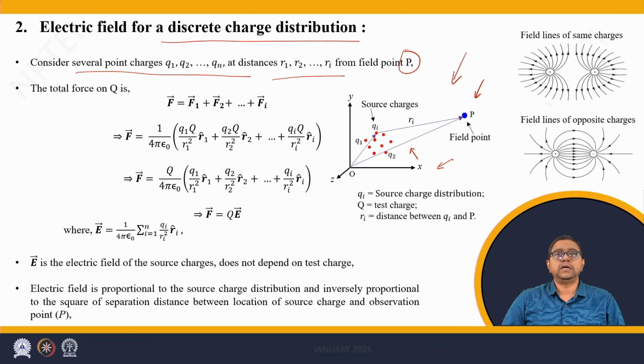One among them is Qi, that is the source charge highlighted here. In general, these charges are denoted by Q subscript i. Now, for the general charge Q subscript i, the distance is R subscript i.